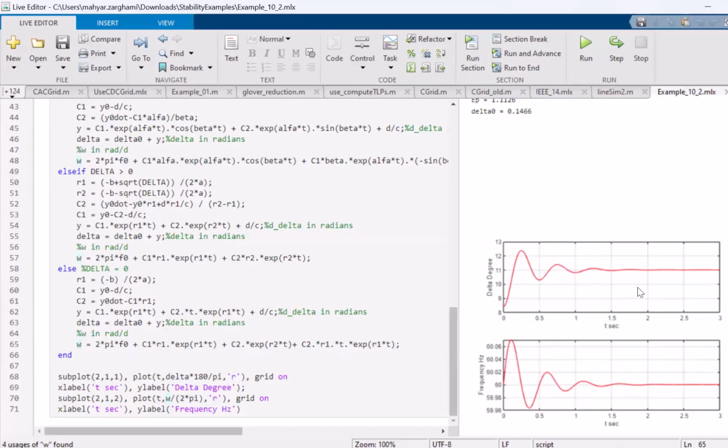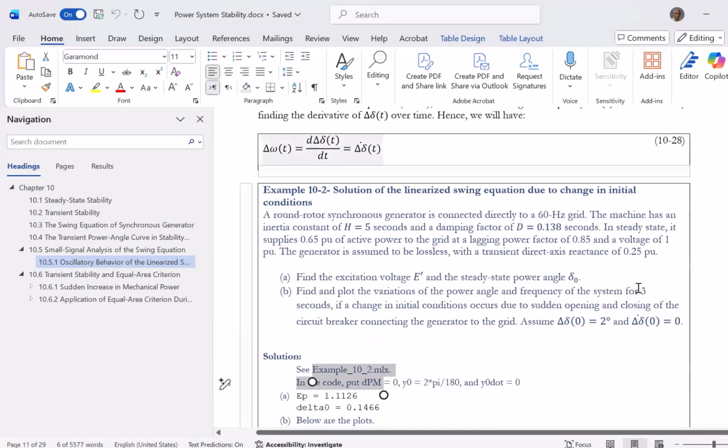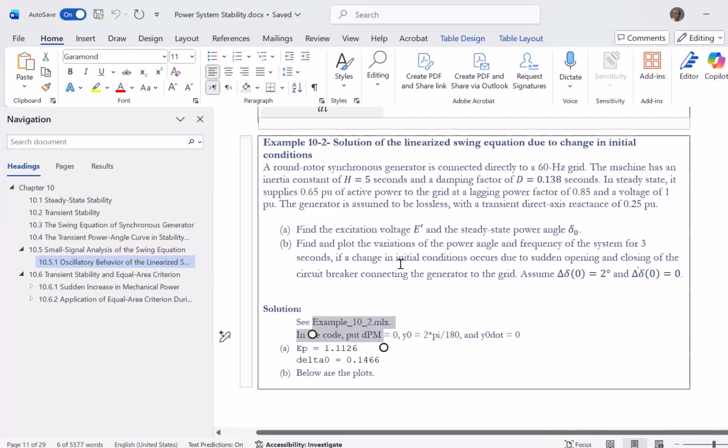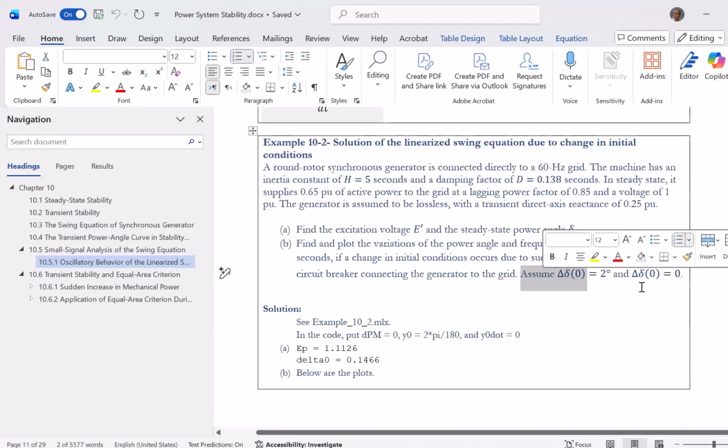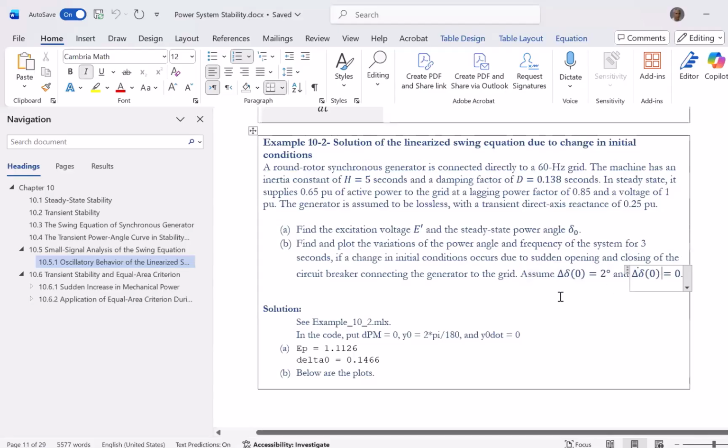We don't want the frequency to deviate from 60 hertz. In this problem, we basically had an initial condition change due to a sudden opening and closing of the circuit breaker. So delta delta 0, that was the initial condition change, is 2 degrees. Delta delta 0 dot was 0.